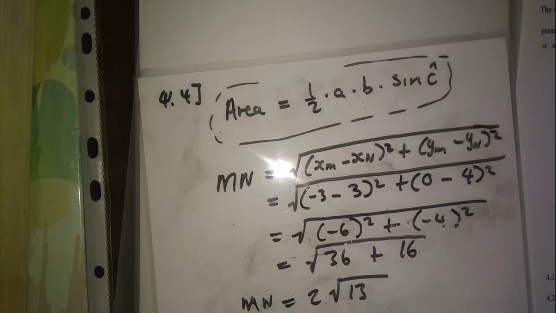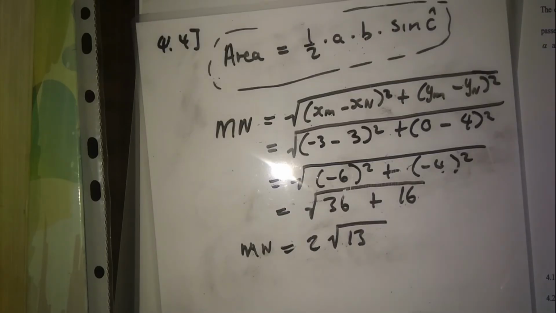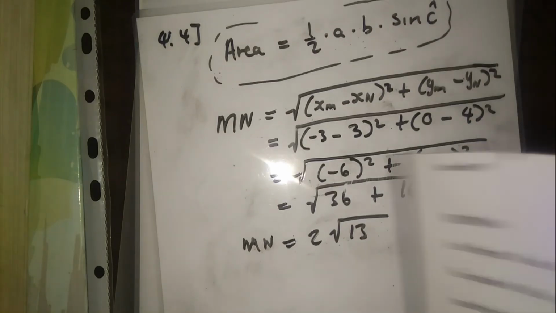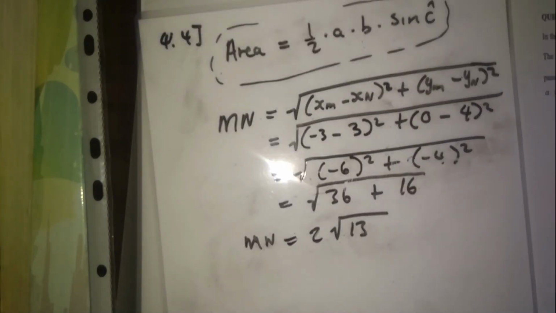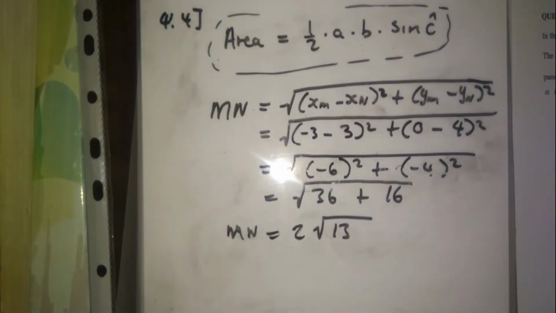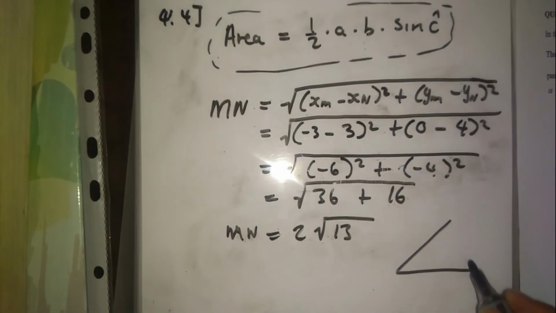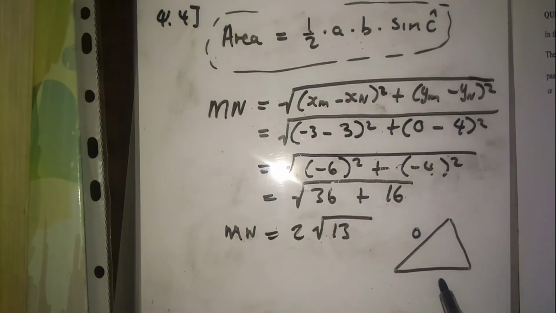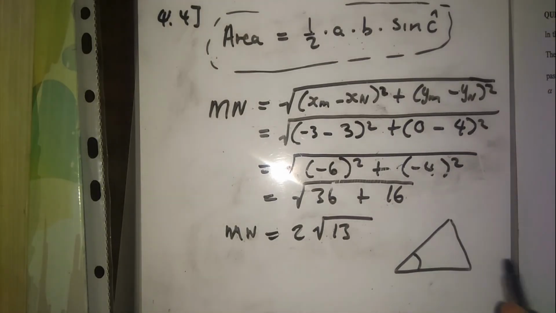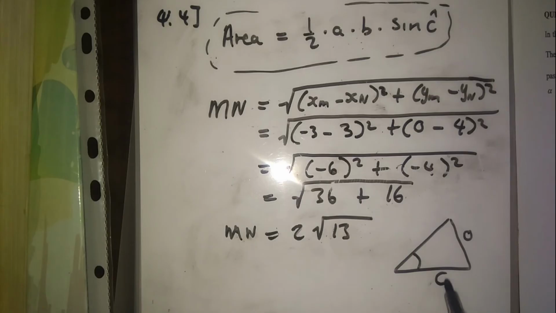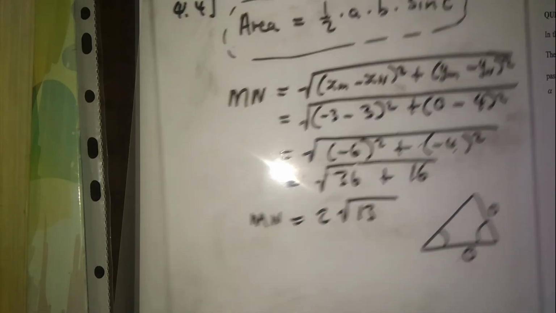MN is 2 root 13. So now we have this length, this length, and this angle. The area formula is: on a triangle you need this length, this length and this angle, then you substitute.